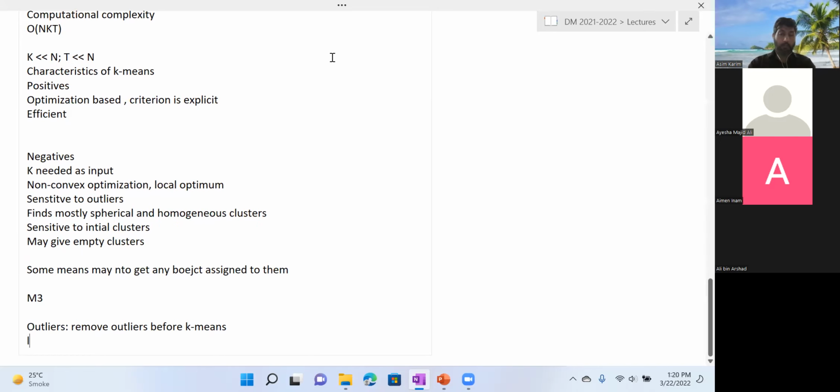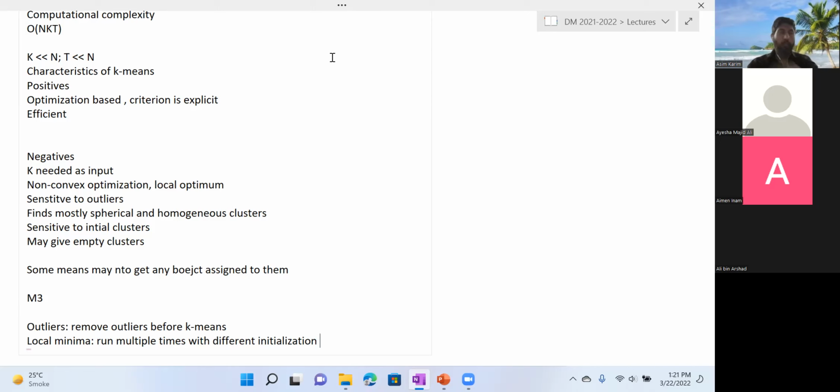So the local minima issue. Run it multiple times with different initial means. Of course, this is time consuming, but if you want to find a clustering that is closer to the global optimum, you will have to run the algorithm multiple times with multiple initial means.